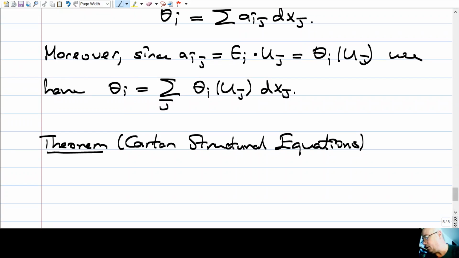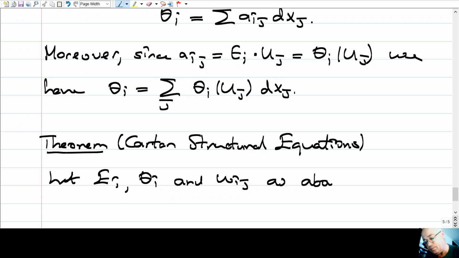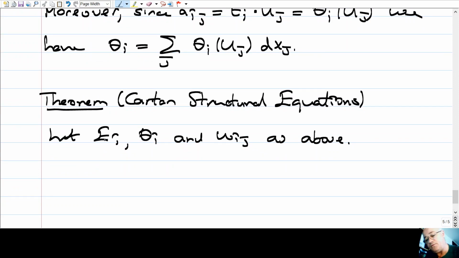These are combining the derivatives of the one forms we defined so far in terms of these one forms again. So let E_i, theta_i, and omega_ij be as above: frame field, dual one forms, and connection one forms.